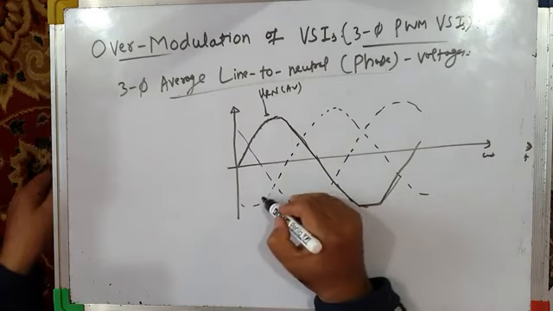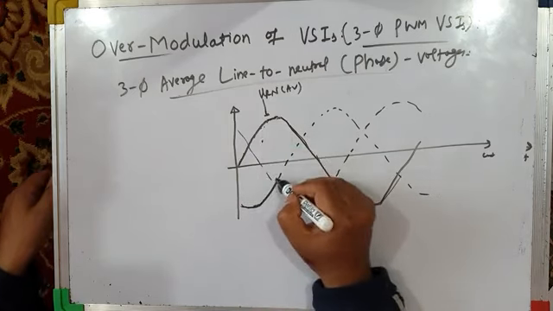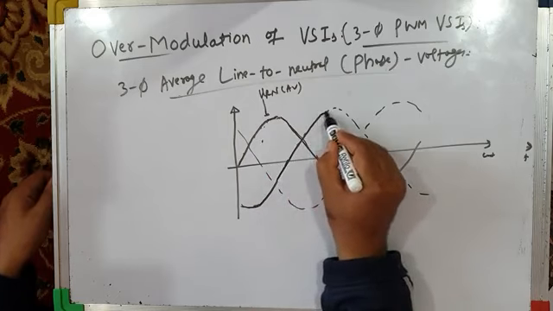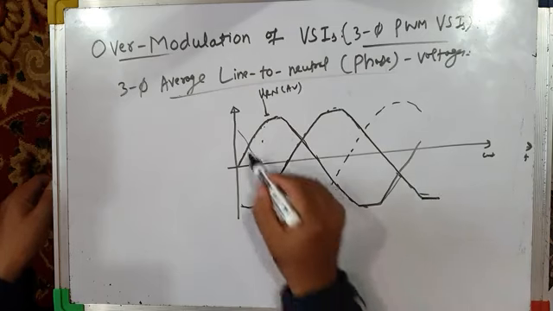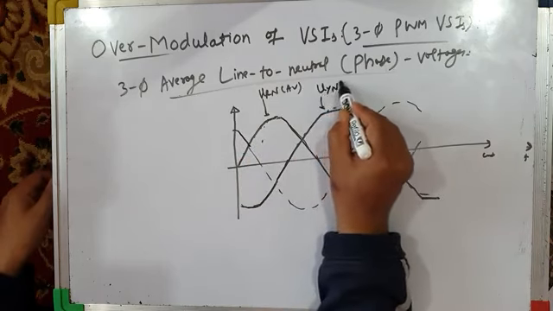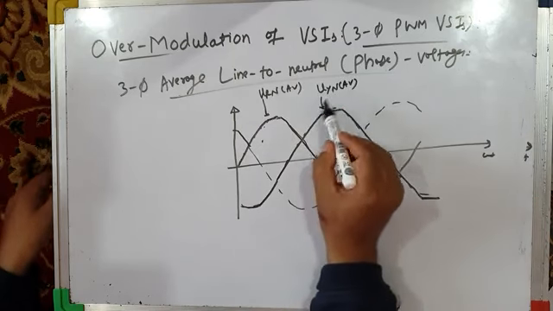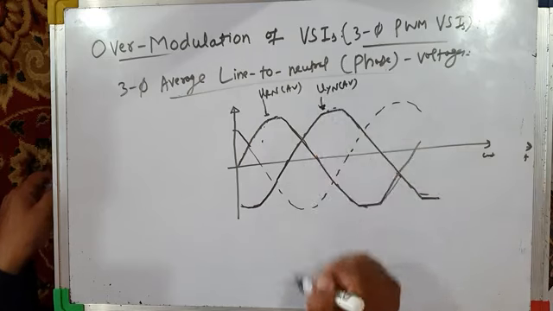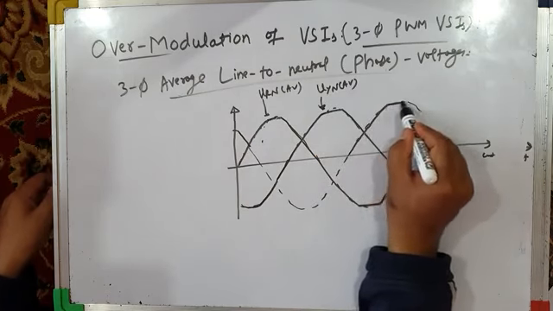Similarly, it will be something like this. And this is VYN, instantaneous average line to neutral voltage VYN, or instantaneous average phase voltage VYN. And VBN will also be like this.